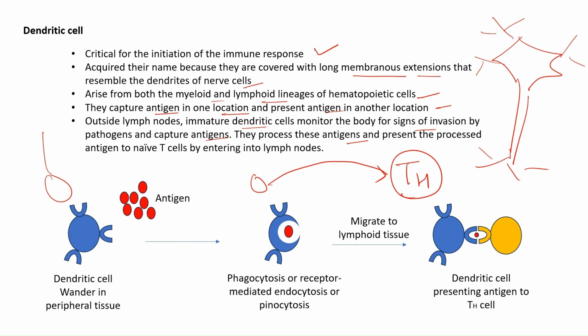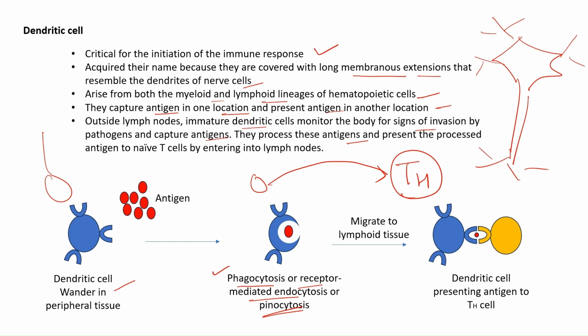Dendritic cells wander in peripheral tissue. As soon as any antigen enters the peripheral tissue, they will capture the antigen and engulf it. How can they engulf it? By the process of phagocytosis, receptor mediated endocytosis, or pinocytosis. If the size of the antigen is large, we call the process phagocytosis. If the size of the antigen is small, we call it pinocytosis.